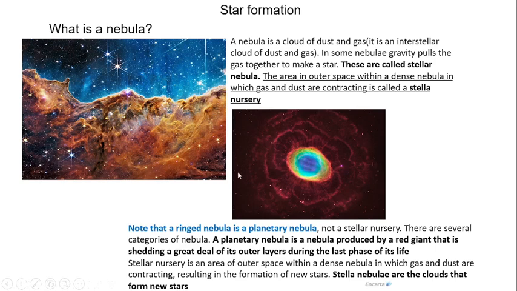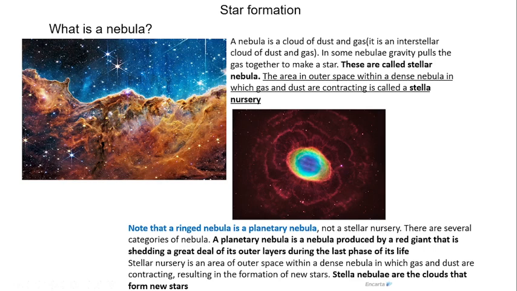But it is worth noting that a ring nebula is not a stellar nursery. It's just a planetary nebula. A planetary nebula is formed when a red giant has shed a lot of its mass, its outer layer, into space.